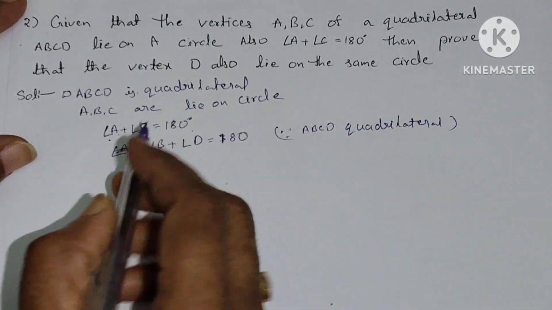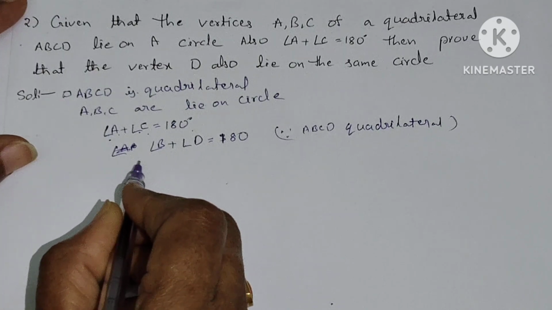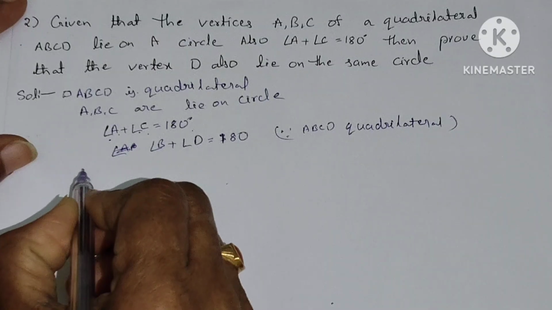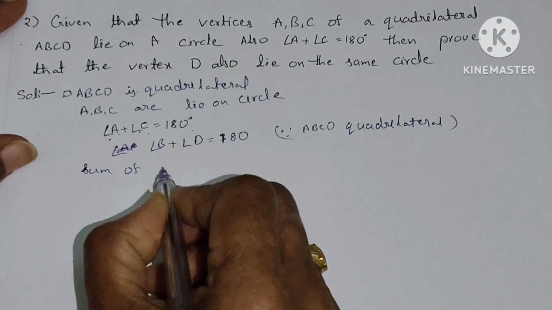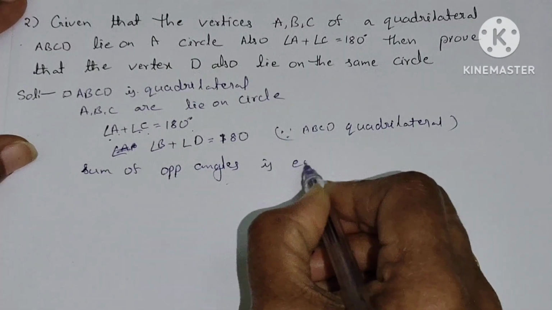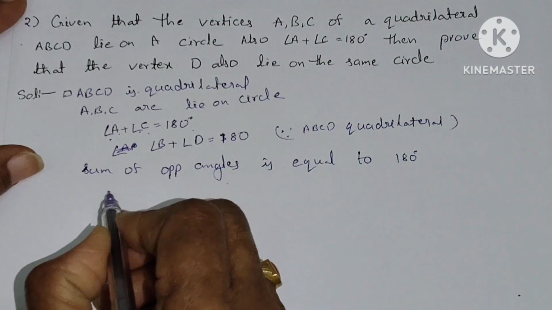So ABCD is a cyclic quadrilateral, and D lies on the circle. So we write that: the sum of opposite angles is equal to 180 degrees, so it is a cyclic quadrilateral.